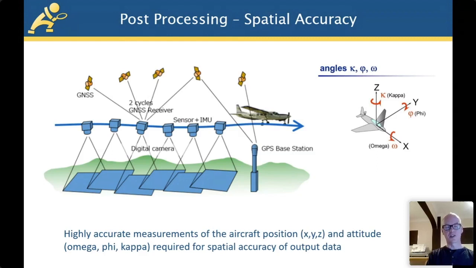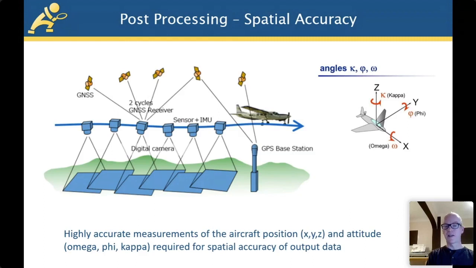It's got a set of highly accurate gyroscopes which are constantly measuring the roll, pitch, yaw of the aircraft to a high degree of accuracy. Together with that, we've got the GPS, a GPS antenna on the roof of the aircraft, which gives us our positional fix in X, Y, and Z. This is then triangulated with satellites while you're in the sky, and we also post-process it using base stations on the ground, maintained by the Ordnance Survey, which give us a constant stream of highly accurate positional data every second.